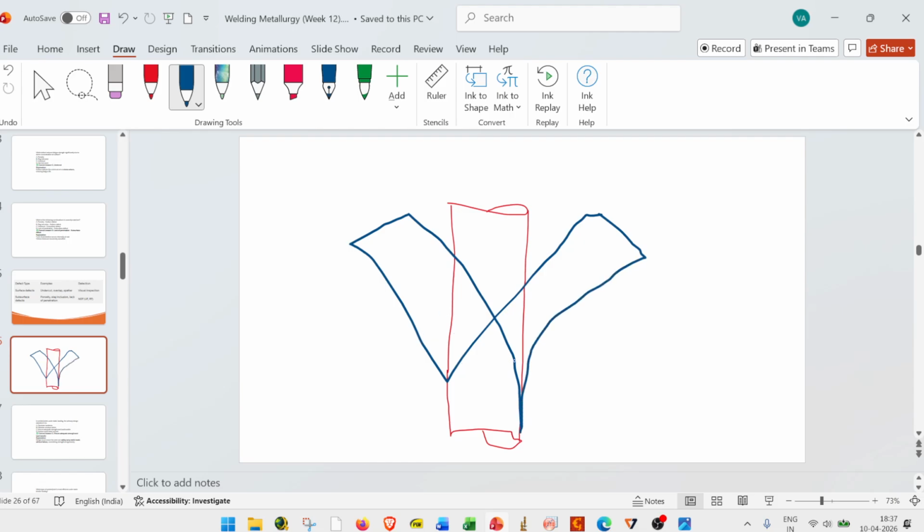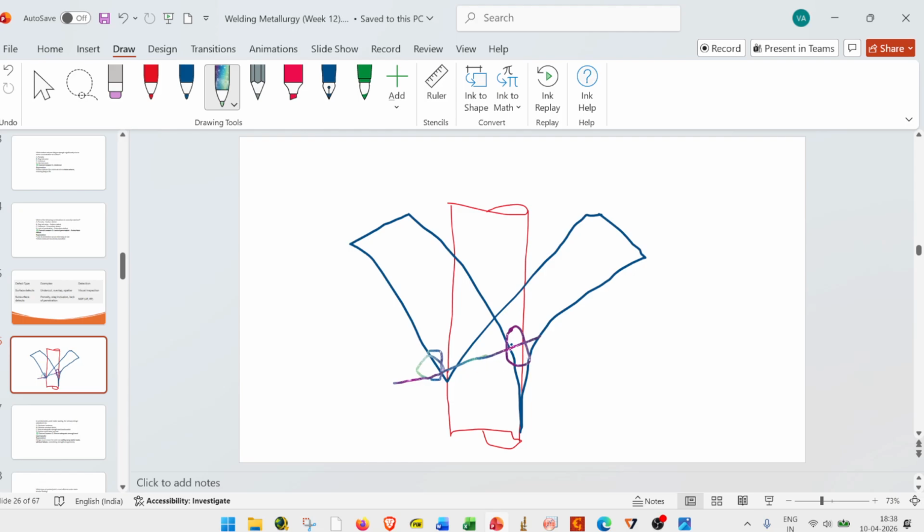But when we look at this location and this location, if you make one straight line, here we will see the maximum tensile stress, and here we will see the maximum compressive stress.